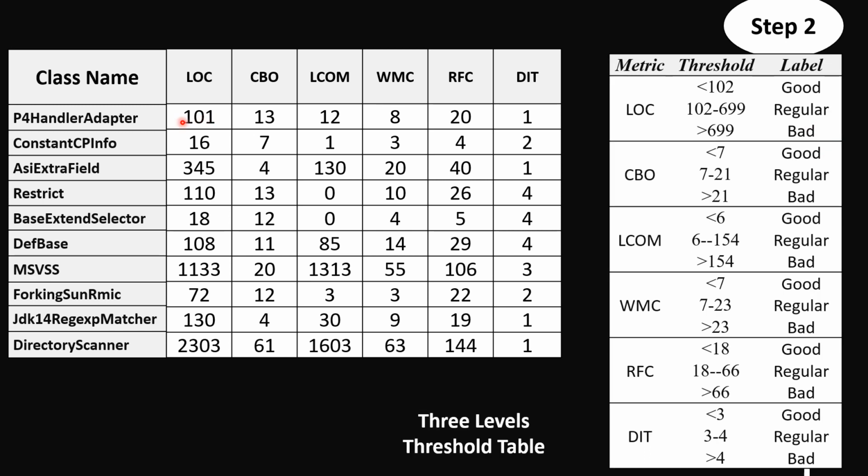The measurement value in the intersection between the first entity and the first metric can be converted as follows. The value is in the range of the good quality label. We will do this for the next value and the third till we replace all values with their corresponding quality label.